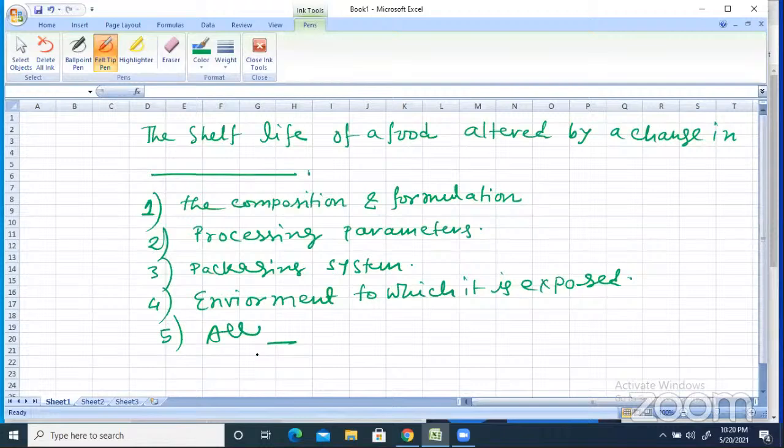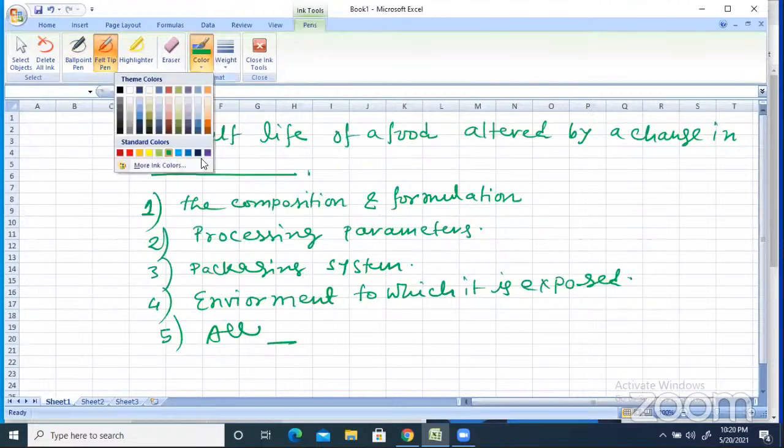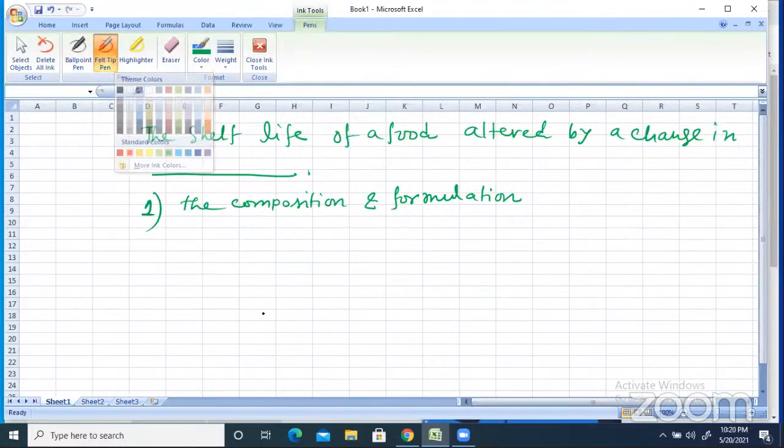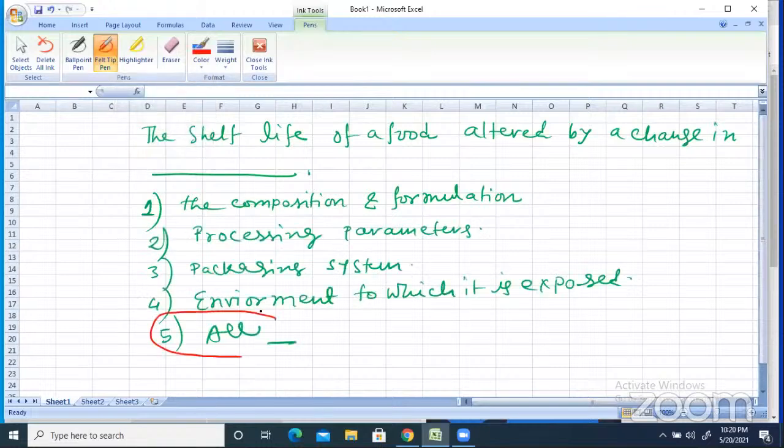Environment to which the product is exposed during distribution or storage, and the properties of the package. Whether intrinsic or extrinsic, all factors are affecting. So all will be your correct answer. Okay, I am marking it.